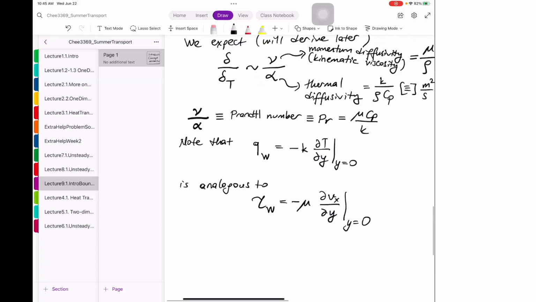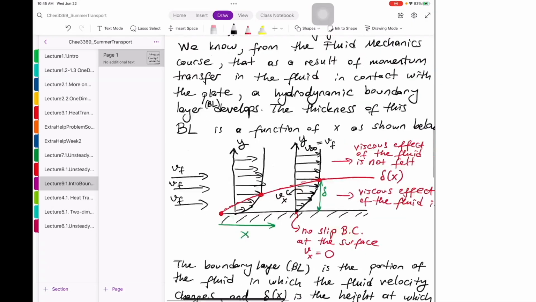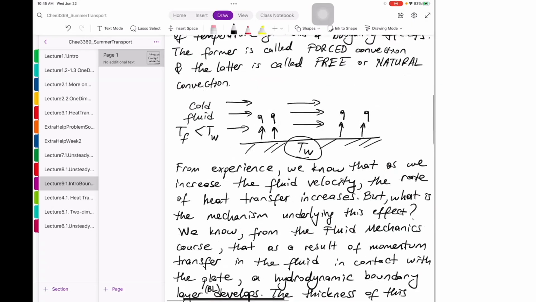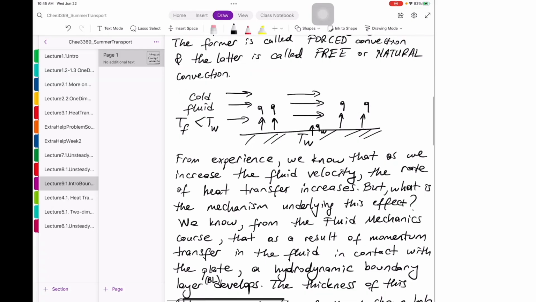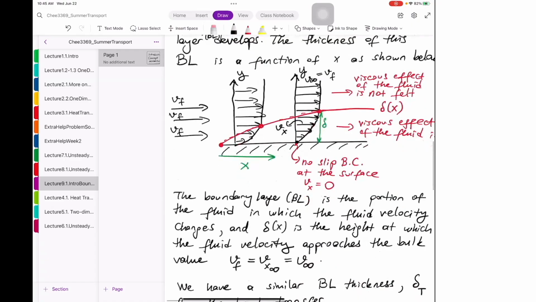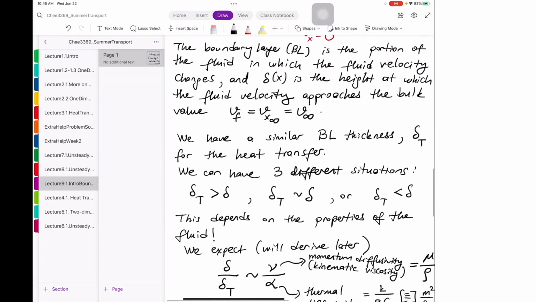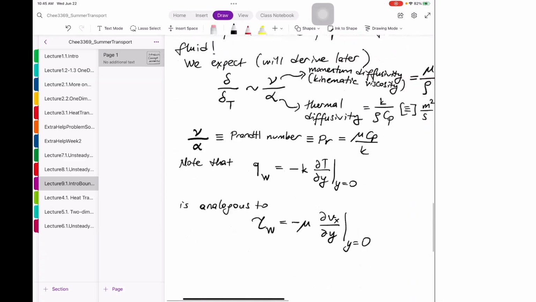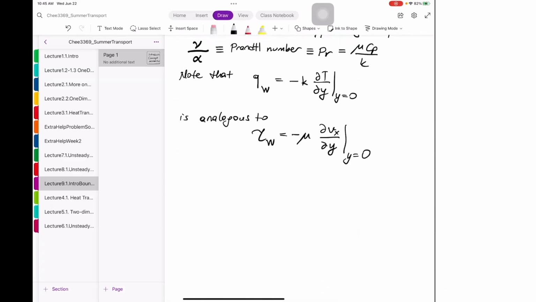Okay. So basically, here we have the wall temperature and wall flux, q wall, right? But here, what is actually fluxing is the tau wall. The momentum is actually fluxing through, right?